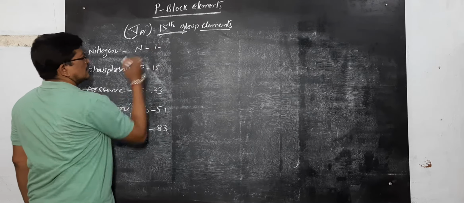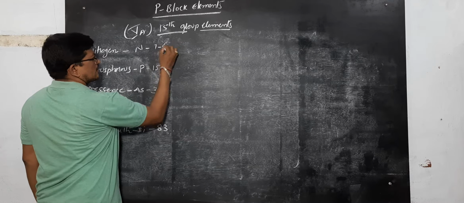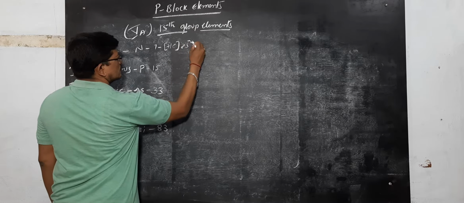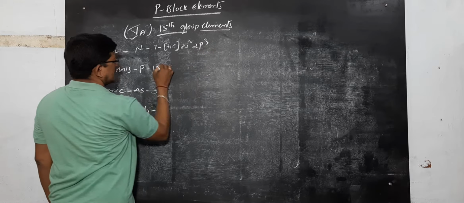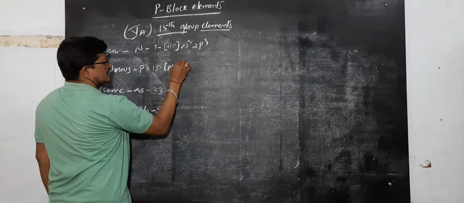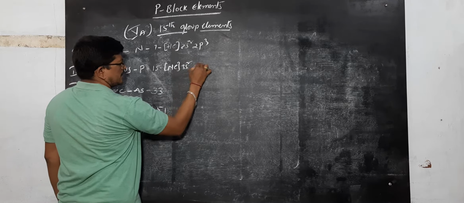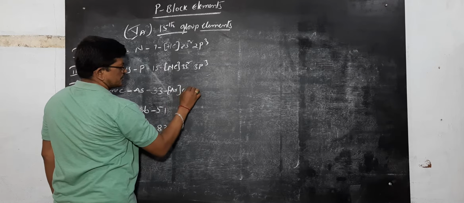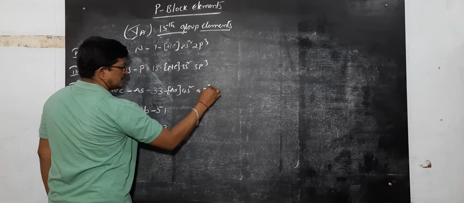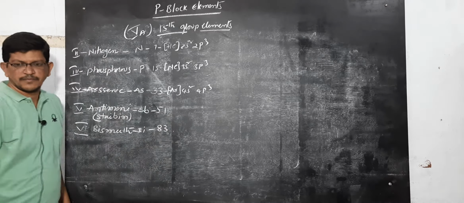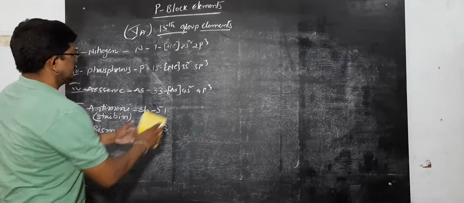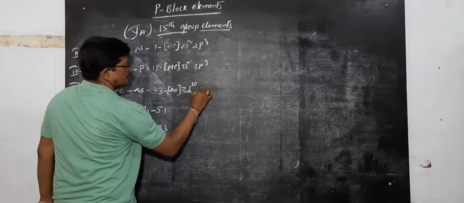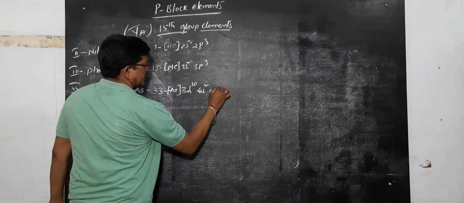Then comes the general electronic configuration. Here helium 2s2 2p3. Here neon 3s2 3p3. Here argon 3d10 4s2 4p3.